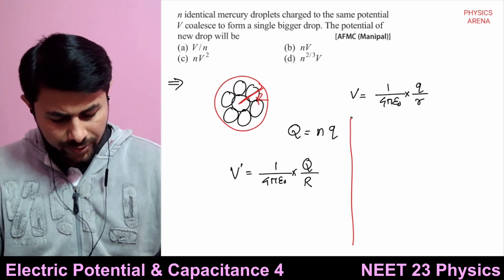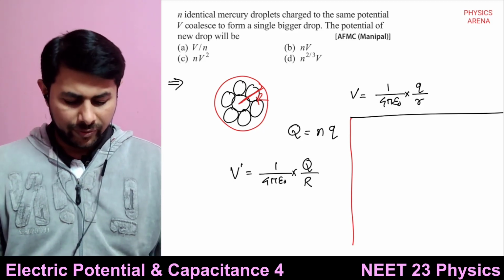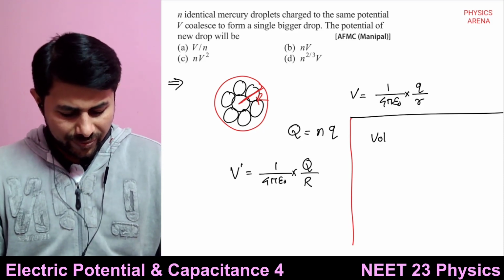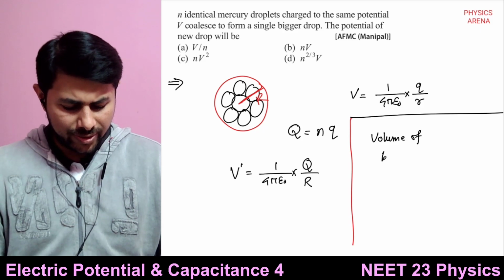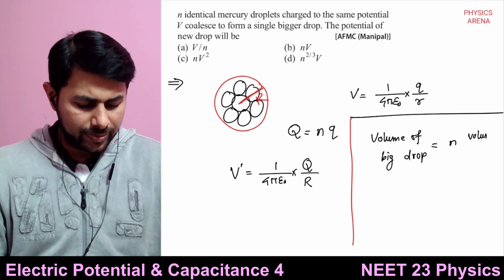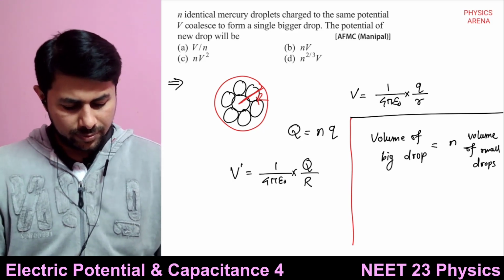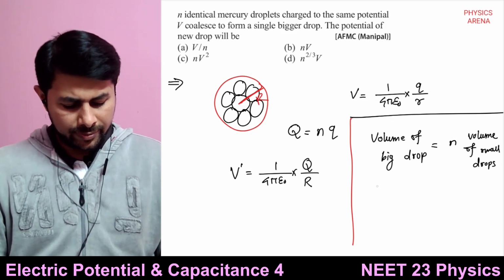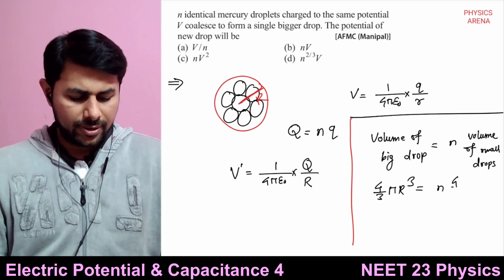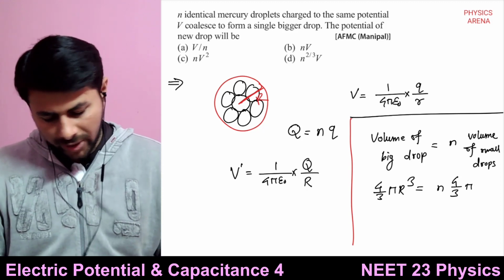If n drops combine, the volume of the big drop is equal to n times the volume of a small drop. So 4 by 3 pi R cube is equal to n times 4 by 3 pi small r cube.